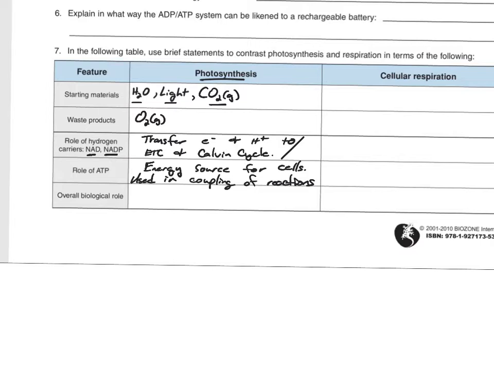Overall biological role of photosynthesis is what? Very good. Let's use a little more fancy words. You're right, providing food for the plant. Okay, that's fair. But I'm going to get a little more detail if you don't mind. It's to transform light energy, that's right, good, into chemical energy.